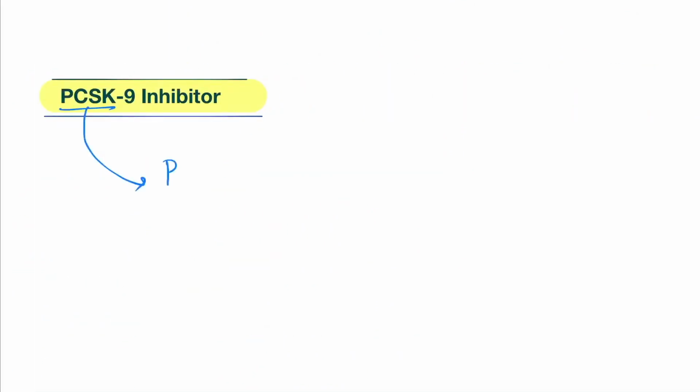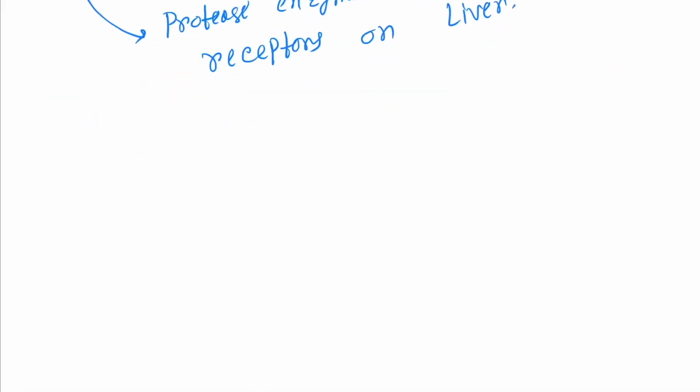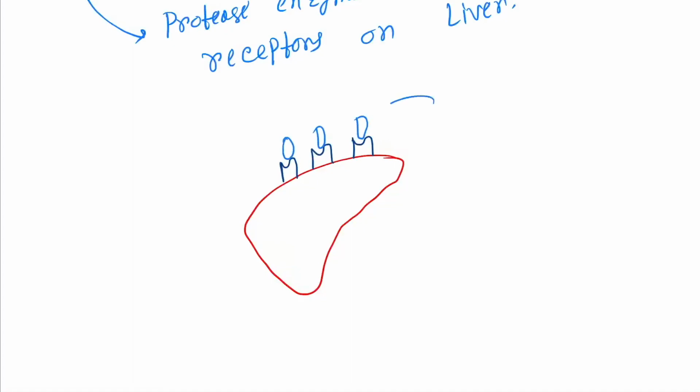Next is the PCSK inhibitor. What is PCSK? That is a protease enzyme that degrades LDL receptors on the liver. Let's take this as the liver, and on the liver LDL receptors are present which take LDL from the blood.